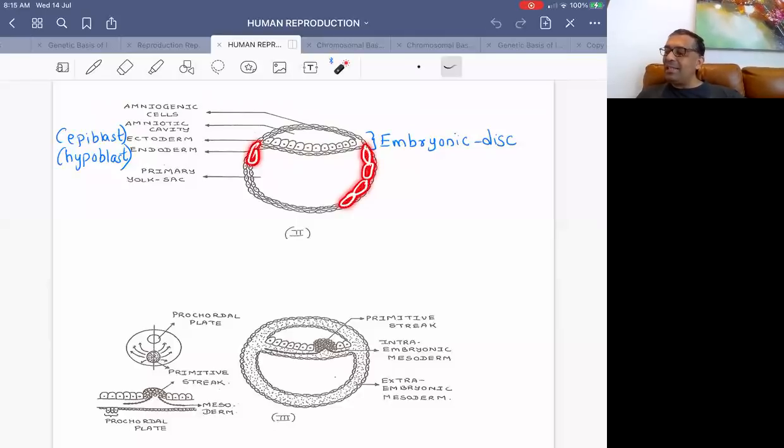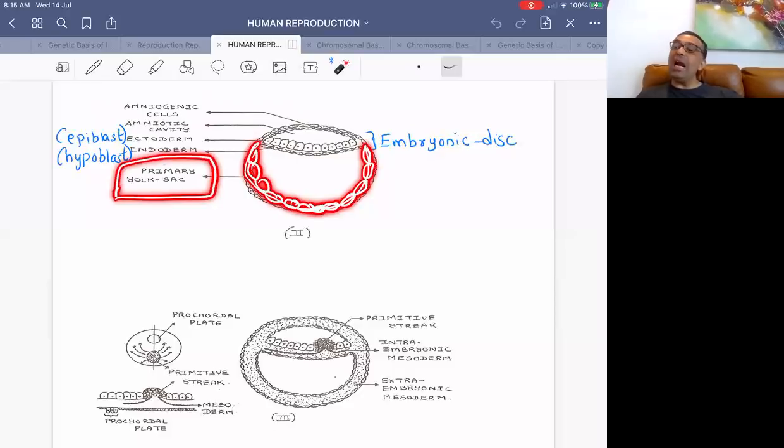Flat endoderm cells का rapid cell division होता है, and they collect from each pole, each side, to enclose a sac, a cavity which is called as the primary yolk sac. Now that means, sir, दो cavities बन गई. ऊपर बन गई amniotic cavity और नीचे बन गया primary yolk sac.